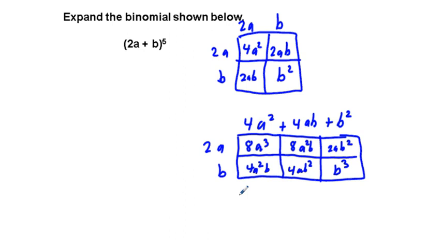And then we would say this would be 8a cubed plus, we have 4 plus 8, 12, a squared b, plus 4 plus 2 would be 6, ab squared, plus b cubed. And then we can multiply by 2a plus b again to get to the fourth power, and then one last time for the fifth power.